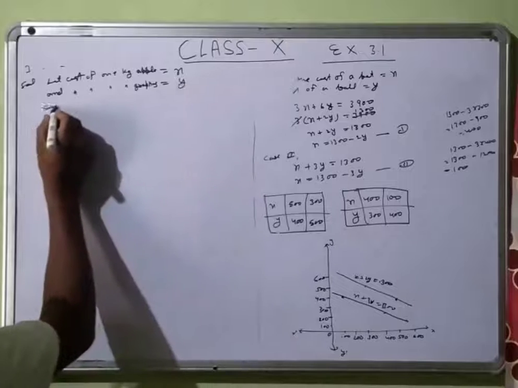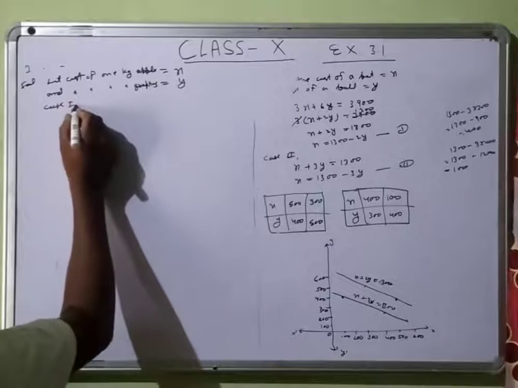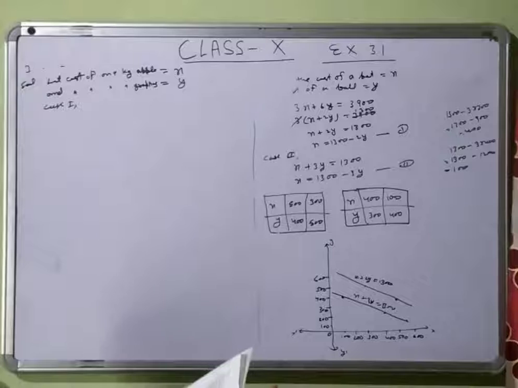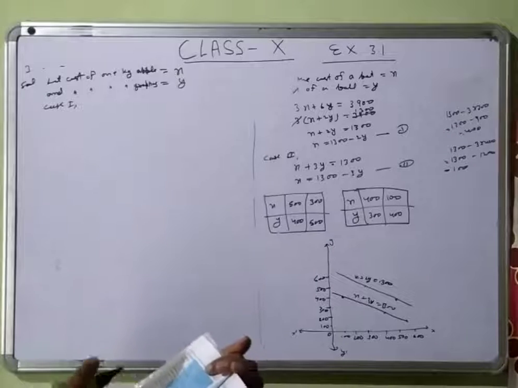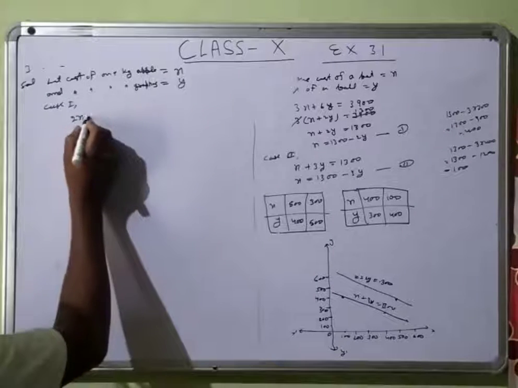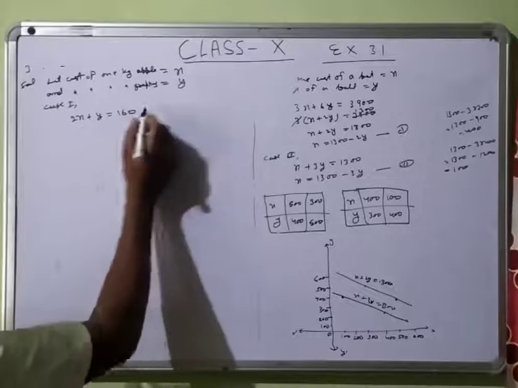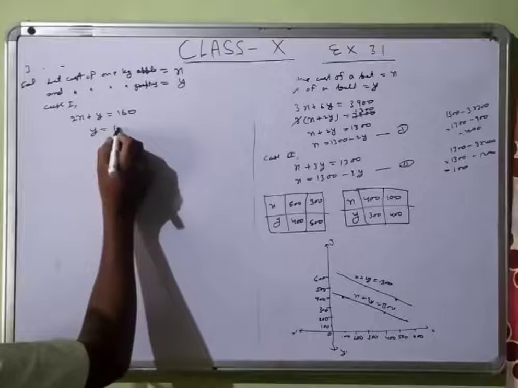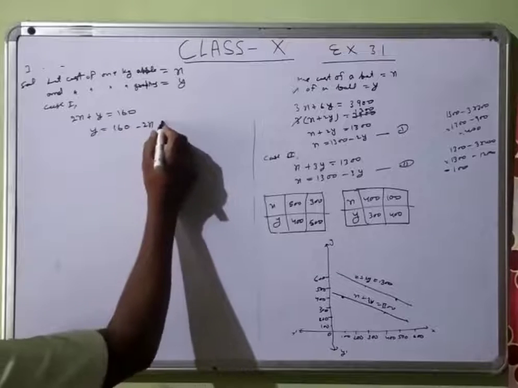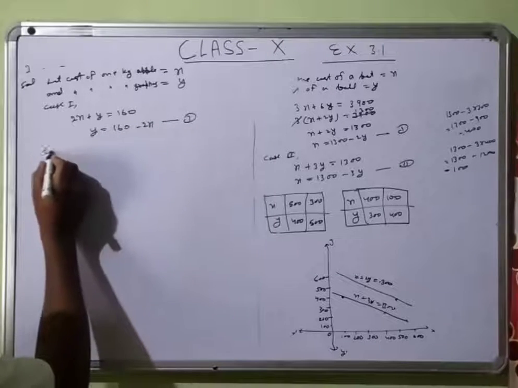So case first, that will be 2 kg and 1 kg is equal to 160. So 2x plus y is equal to 160. So this is the first equation. You can write this one also, y equals 160 minus 2x. That is the first. Case second.